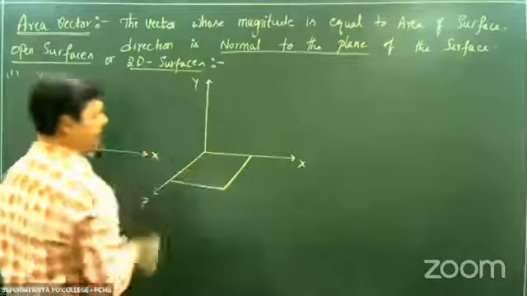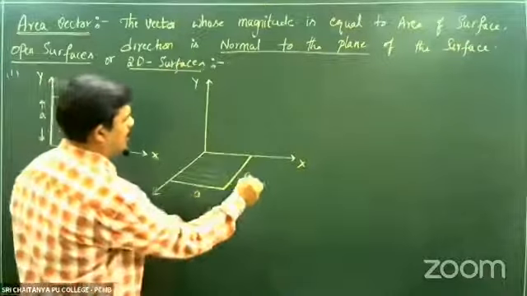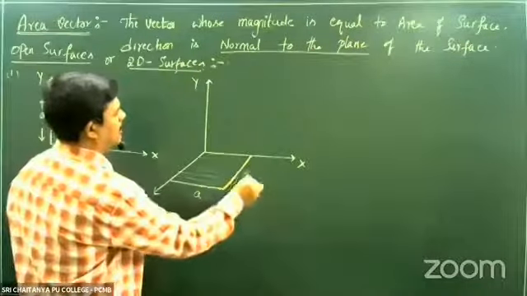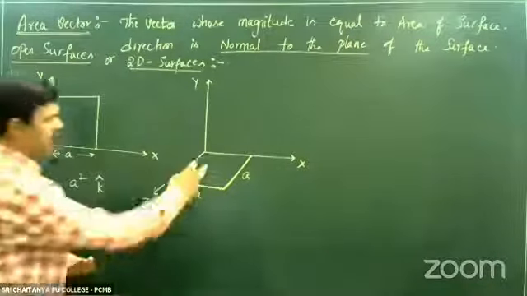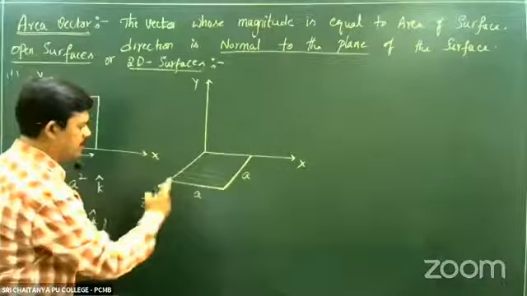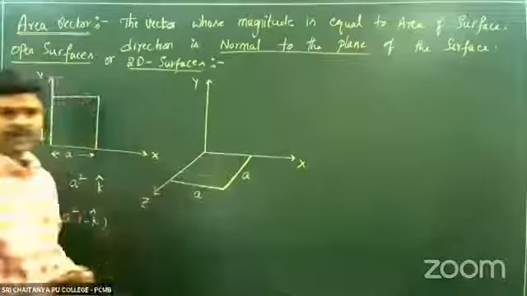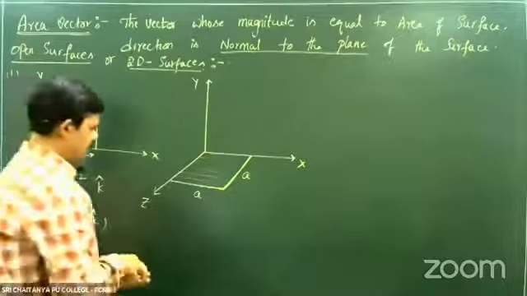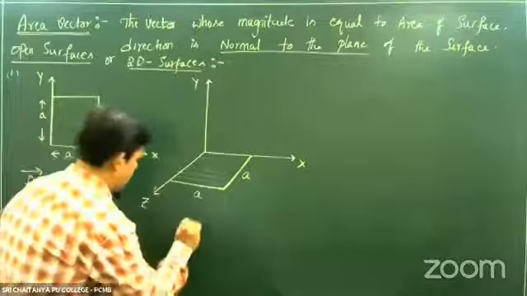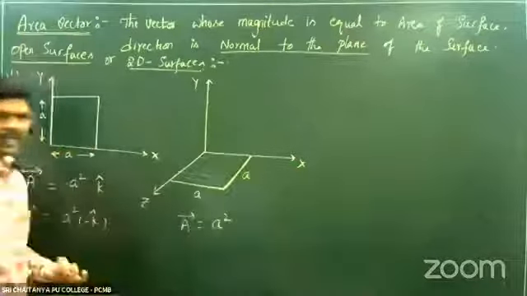For this plane, let the sides be A and A, a square plane, square surface. What is the area vector of this two-dimensional plane surface? So what we have to see, area vector A bar, magnitude is A into A, A squared.